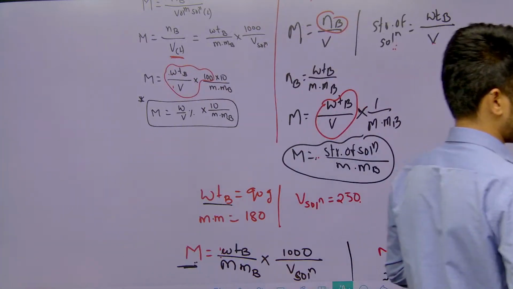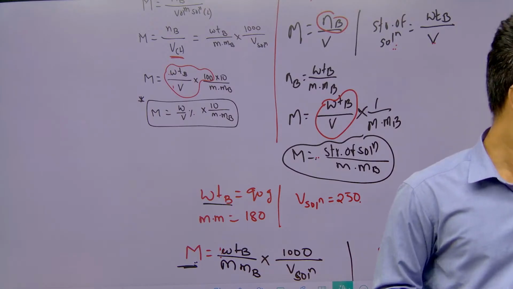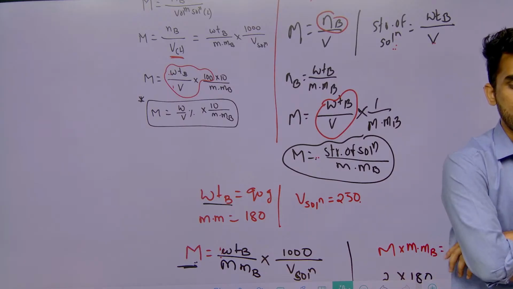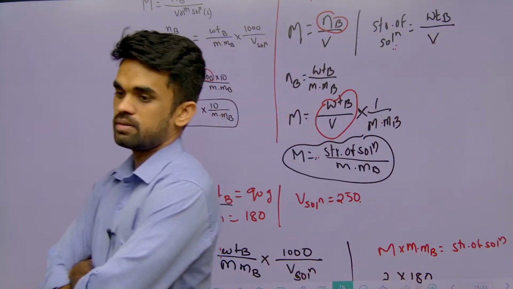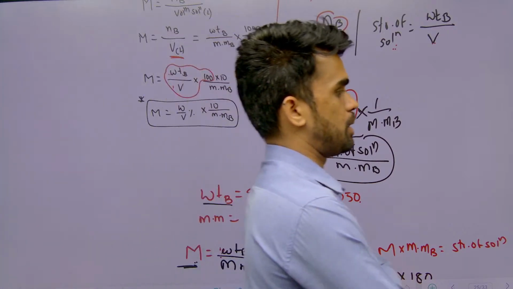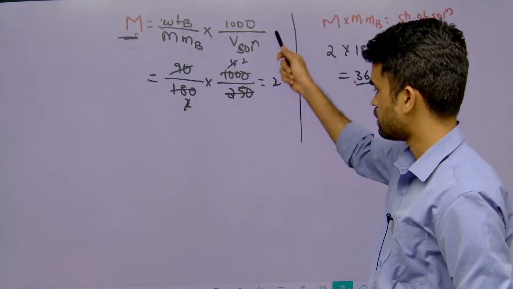Calculate its molarity and strength. Molarity is 0.1 and strength.